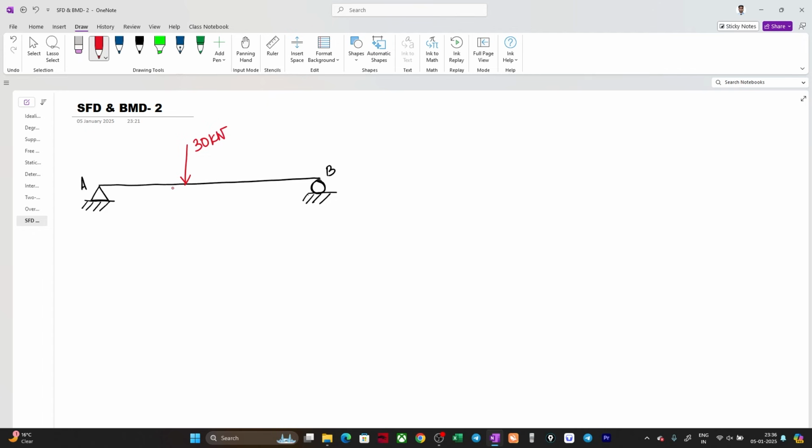The location of this load is 1 meter from this end, and then an additional 2 meter, so the total beam length is 3 meter. Now we need to find out the bending moment and shear force diagram.